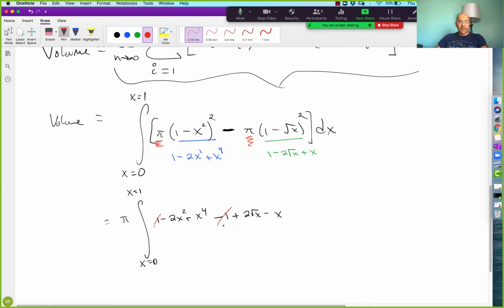This cancels with that, and nothing else happens. Let's not forget our dx. Good. Okay, well luckily this is just a polynomial. In fact, I can also rewrite this as x to the power of 1/2, and then I can just follow my standard rules for polynomials.